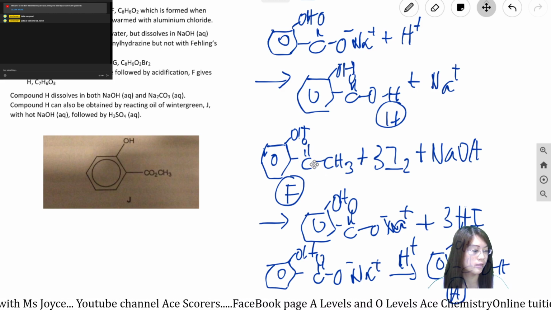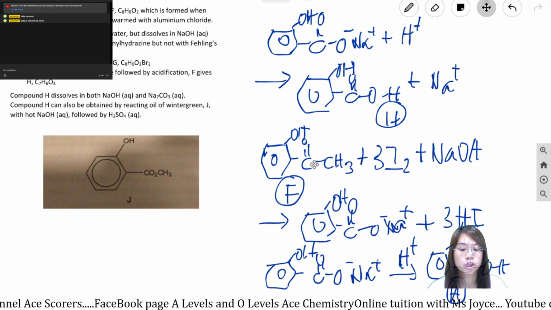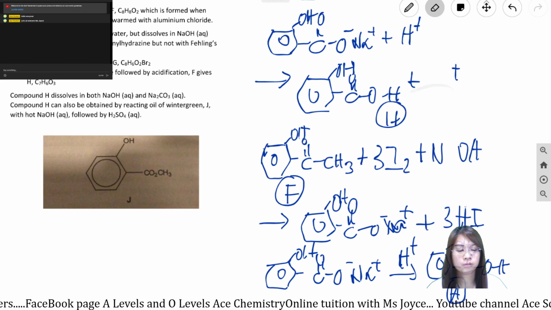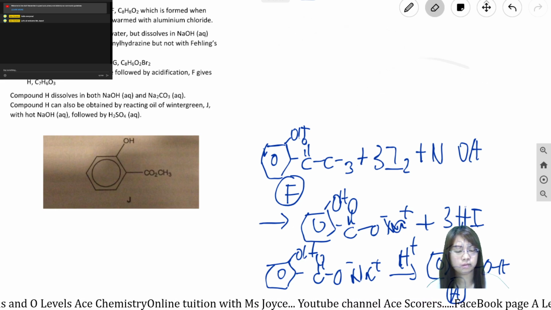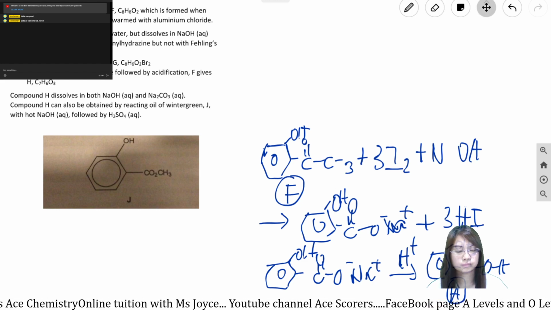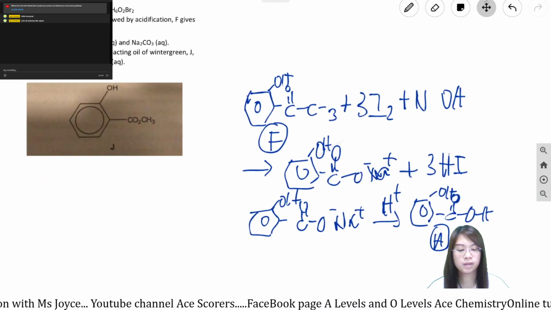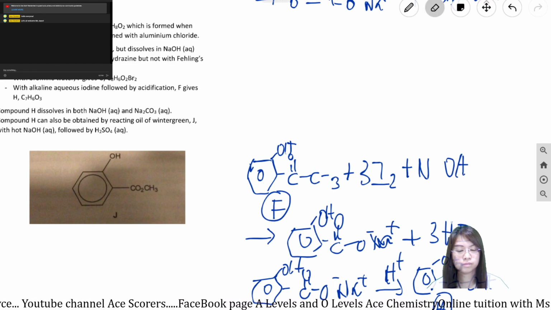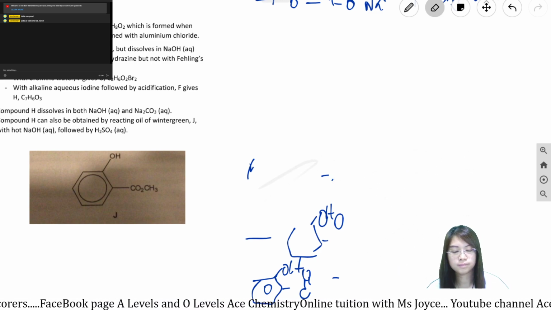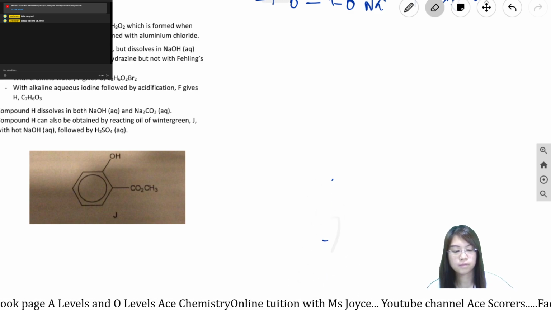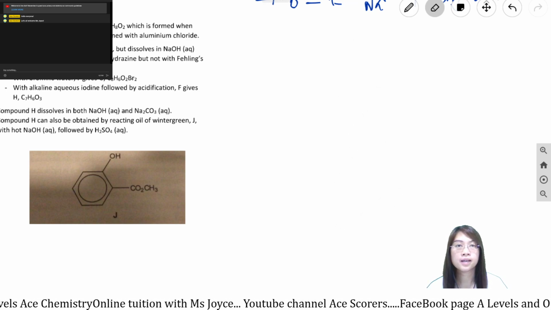Okay, now I'm going to erase this solution to move on further to find the structure for G. I suppose those who are watching the live stream and learning together with me have gotten all the structures.